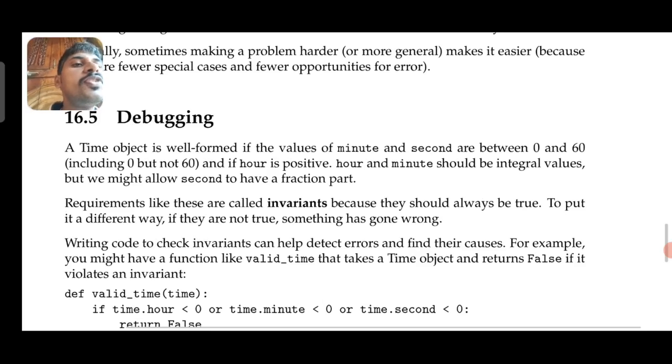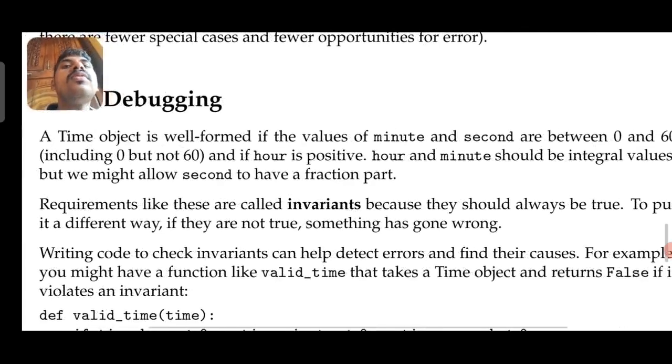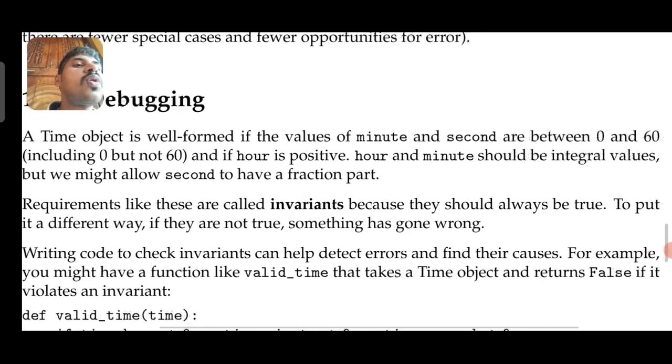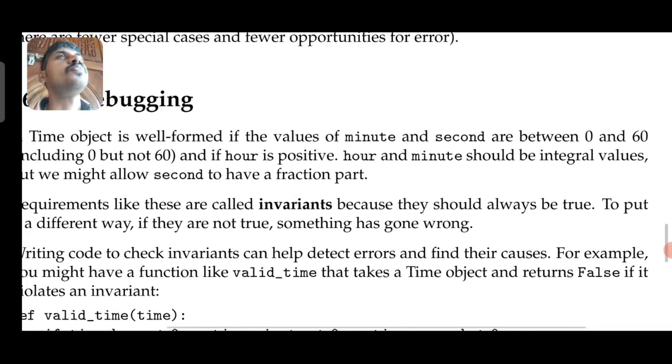So hour and minute should be integral values, but we might allow second to have a fraction part, right? And one more thing, none of the values should be negative. You cannot consider minus here, even though it is an integer, right? So requirements like this are called invariants because they should always be true.